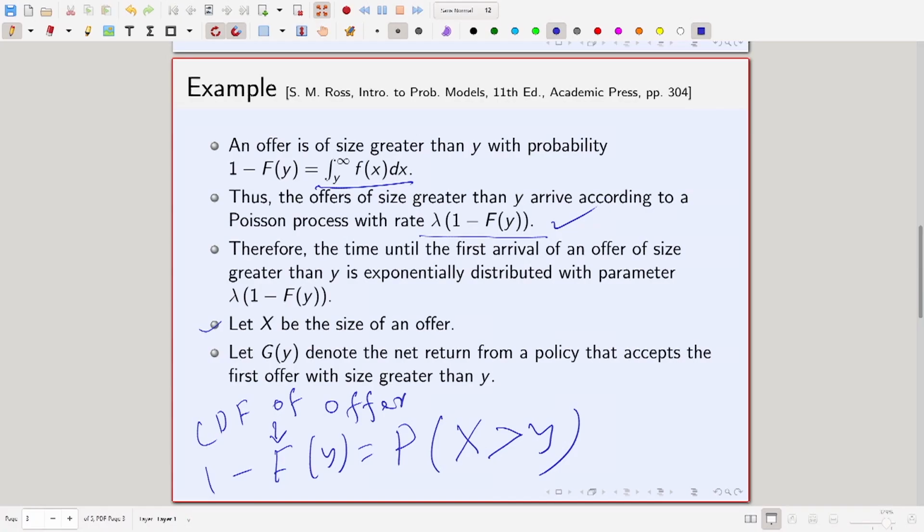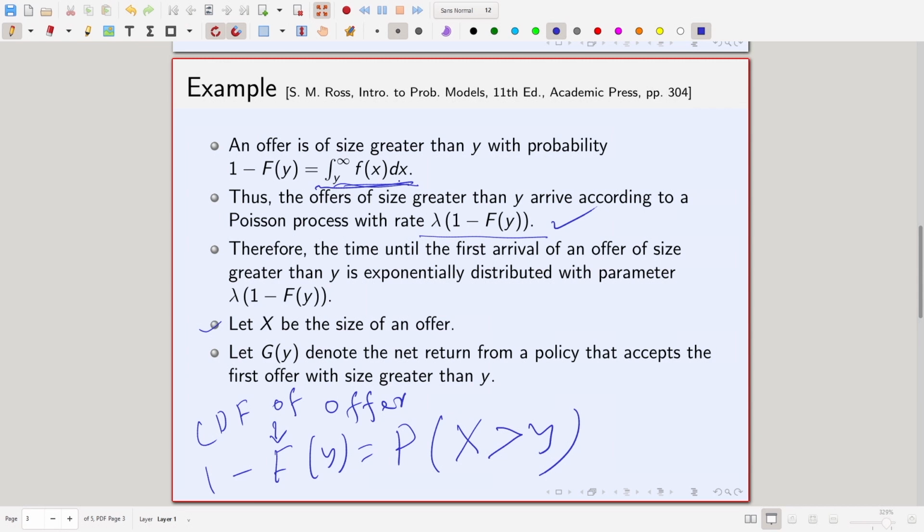The rate at which offers of type 1 arrive is lambda times 1 minus F(y), where small p is 1 minus F(y). So, lambda times p. This is where we use Poisson thinning: offers of size greater than y arrive according to a Poisson process with rate lambda times (1 minus F(y)), because an offer is of size greater than y with probability 1 minus F(y).